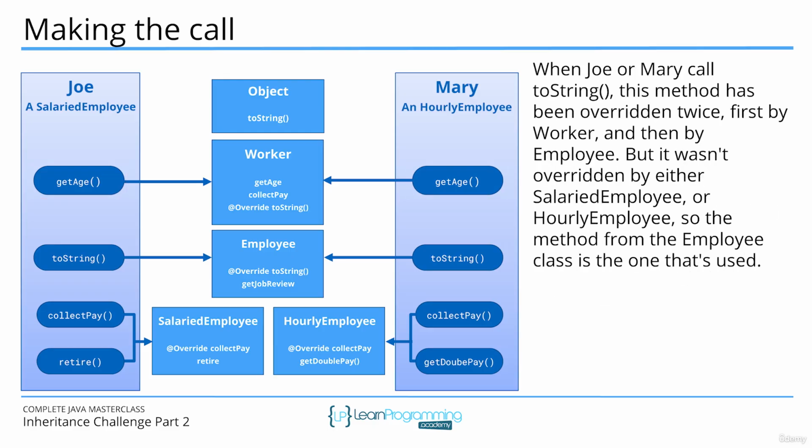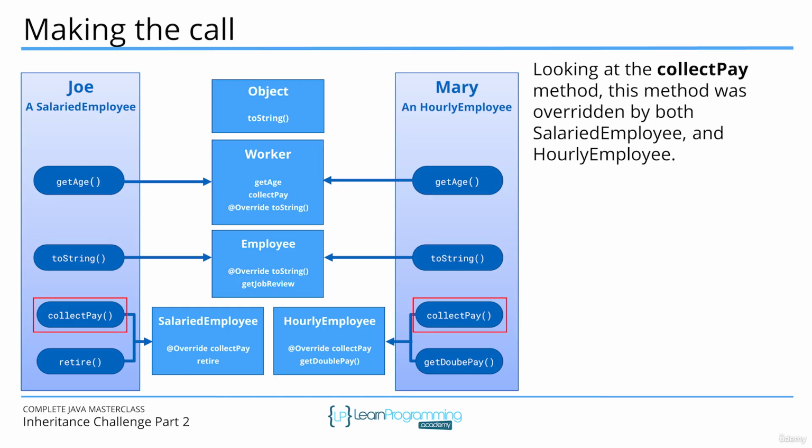When Joe or Mary call toString, this method has been overridden twice, first by Worker and then by Employee. But it wasn't overridden by either SalariedEmployee or HourlyEmployee, so the method from the Employee class is the one that's used. Looking at the collectPay method, this method was overridden by both SalariedEmployee and HourlyEmployee.